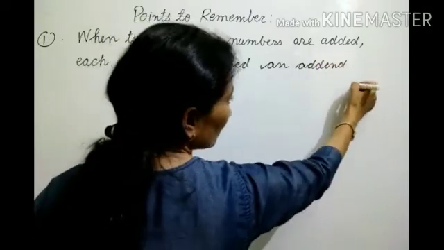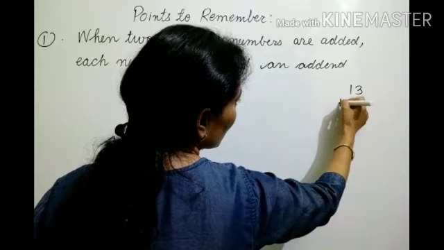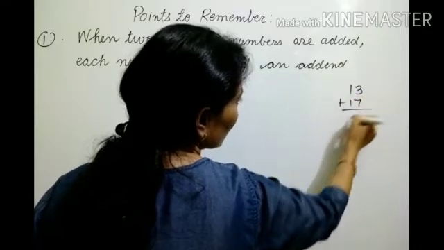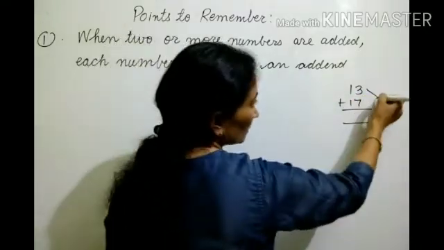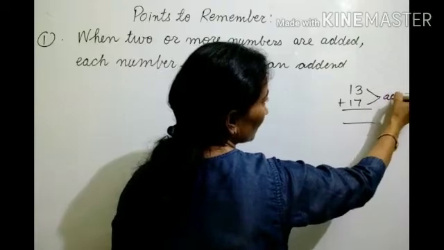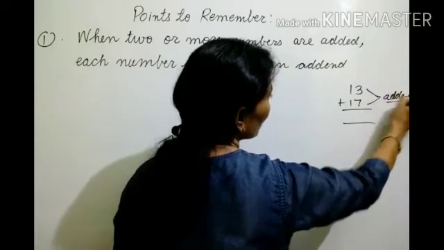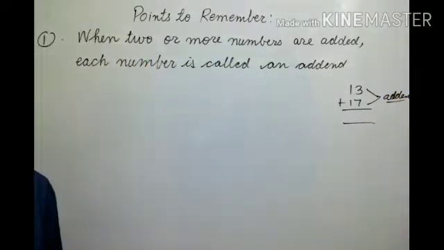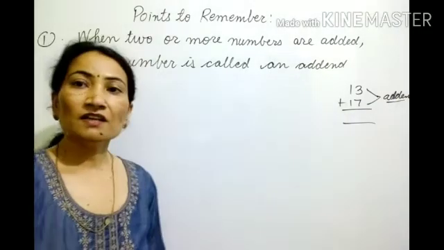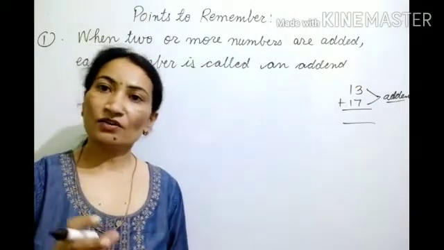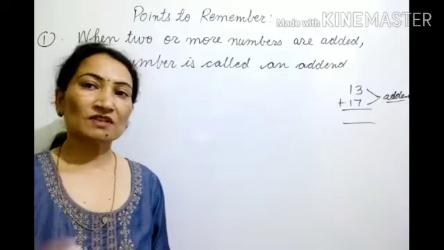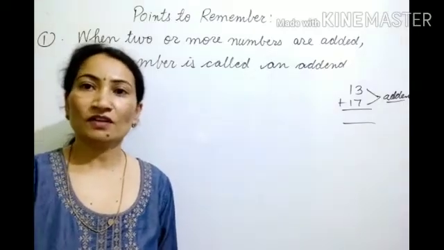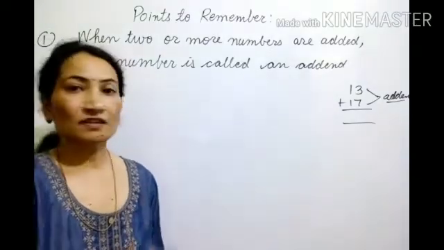For example, we add 13 plus 17, then these two numbers, what we say, addend, which I told you in starting. Now in sum up of chapter 2, I am again revising that numbers which we add are called addend. Whether the numbers are 2 or 3 or more, all will be called addend.